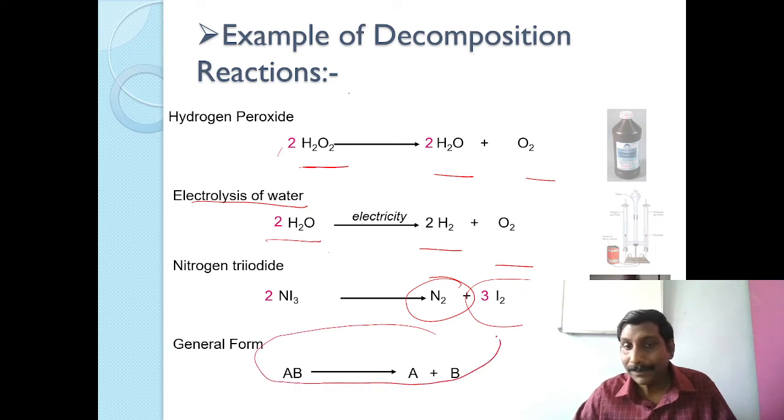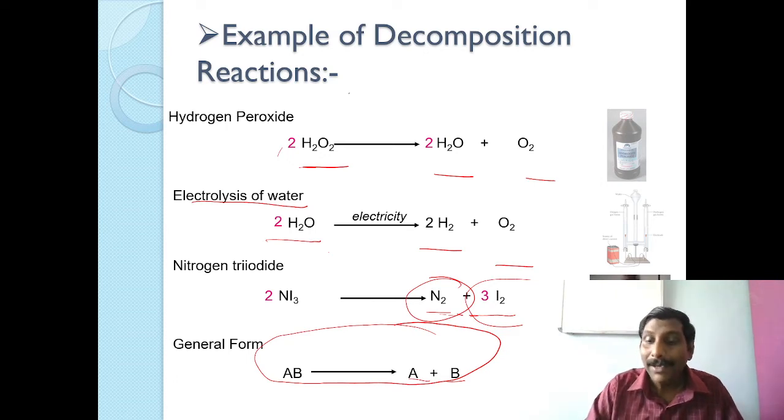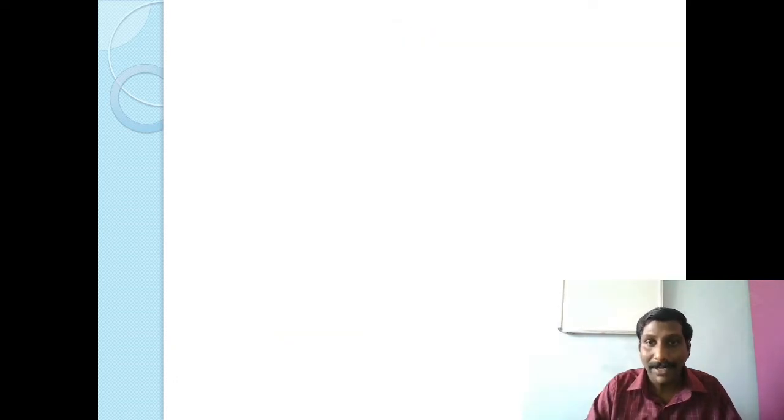That is, a compound AB undergoes decomposition and we get the corresponding components A and B. Similarly, here the water molecule undergoes electrolysis and we get hydrogen and oxygen. Similarly, nitrogen triiodide undergoes decomposition and we generate nitrogen gas and iodine. This is called a decomposition reaction.